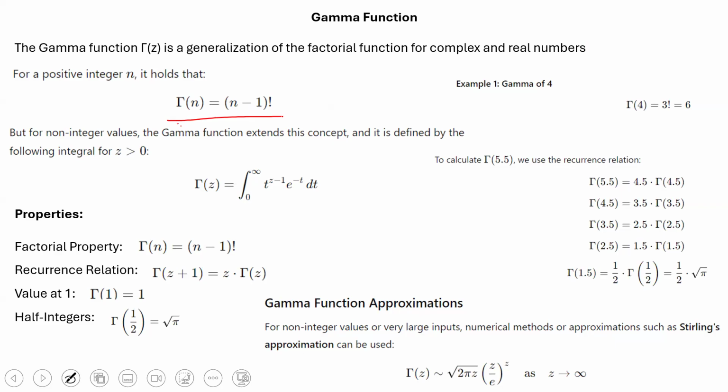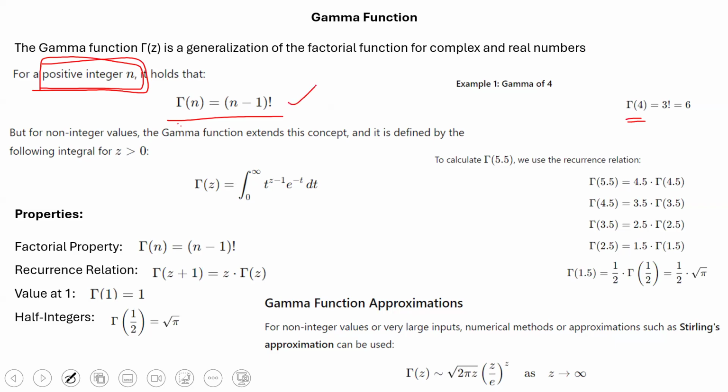This formula is valid for positive integers. Integers means 1, 2, 3, 4, 5, 6, and they have to be positive. So when you pick a positive integer, this formula will be applied.